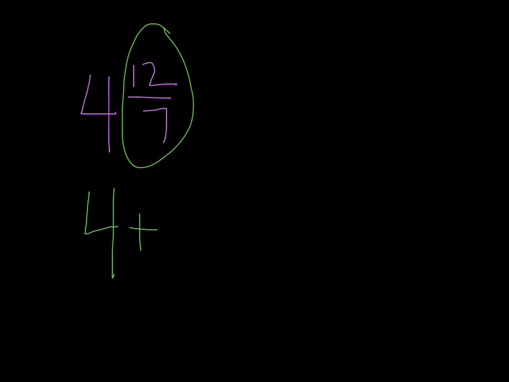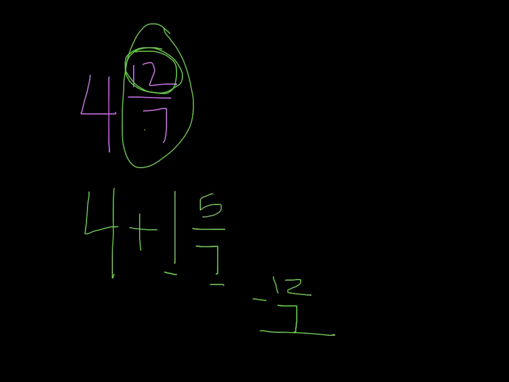So we know it's going to be 1 and something. We know we're going to have a 7 as our denominator because it's the same as the bottom. Now we multiply 1 times 7. So 1 times 7 is 7. But that's not what we're going to put up top. Remember, we need to use this top number to subtract. So 12 minus 7 is 5.